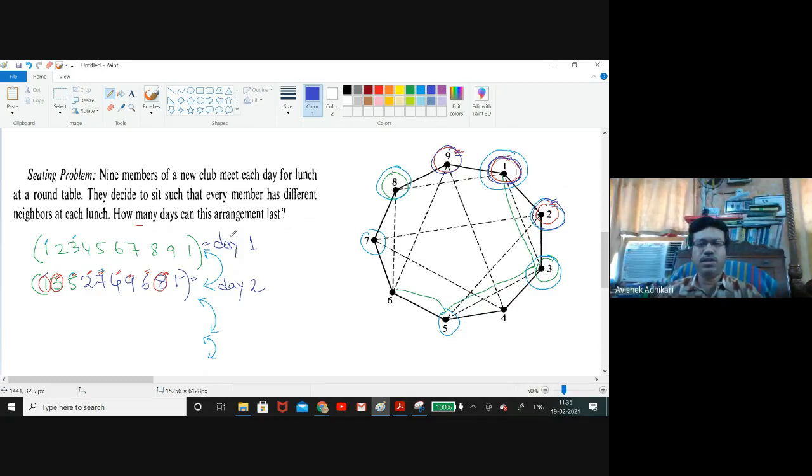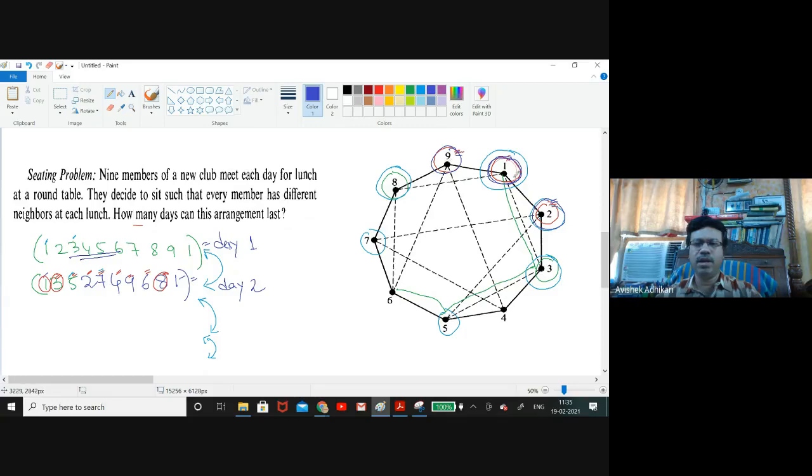Now, any guess what you want to find from here? Like the Hamiltonian path or Hamiltonian circuit we have already defined. Is this one a Hamiltonian path or a Hamiltonian circuit? It says 1, 2, 3, 4, 5, 6, 7, 8, 9, again 1.